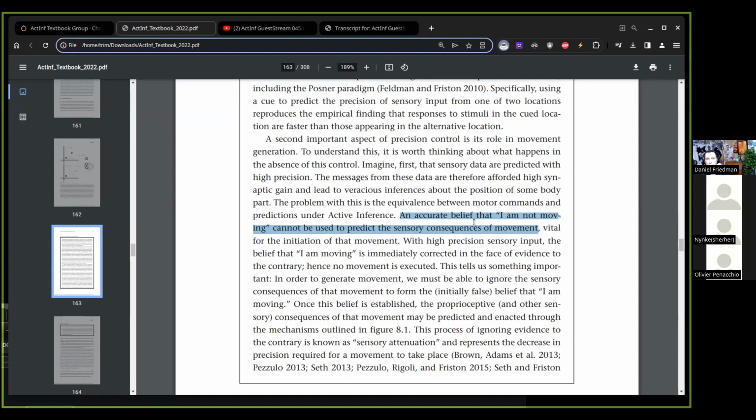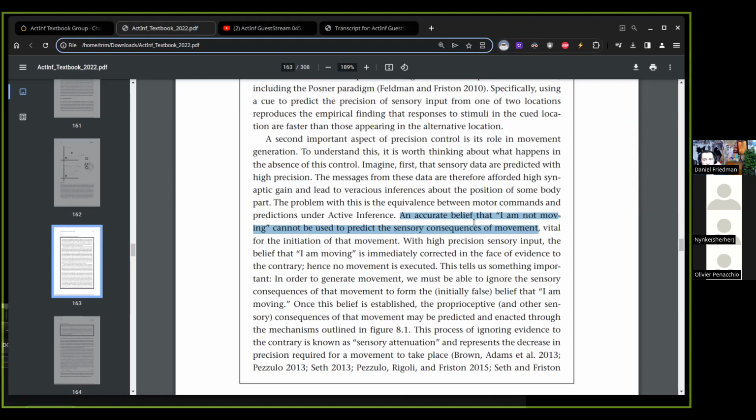And so the body would be like an anchor, and it would pull the cognitive belief back to, no, actually we're sitting down. If you have high attention on the proprioceptive inputs, then that cognitive belief gets dragged back, and so you end up not initiating motor movements.